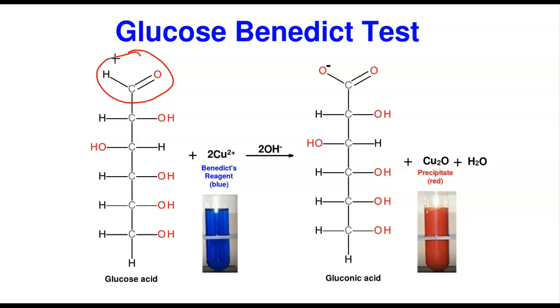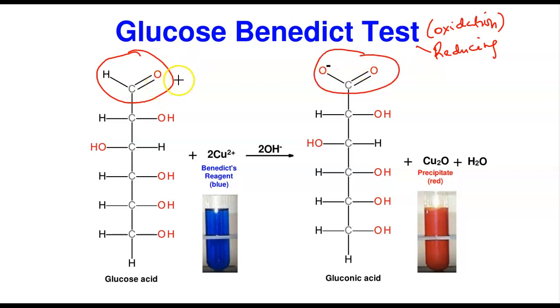Now, the Benedict test or Benedict's reaction is an oxidation reaction. And this oxidation reaction is actually used to quantitatively test for reducing sugar, because reducing sugars have this open aldehyde group that undergoes oxidation to carboxylic acid. So this is an aldehyde that is being oxidized to carboxylic acid.